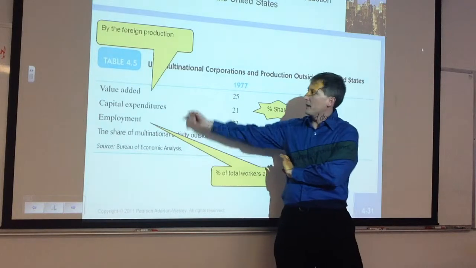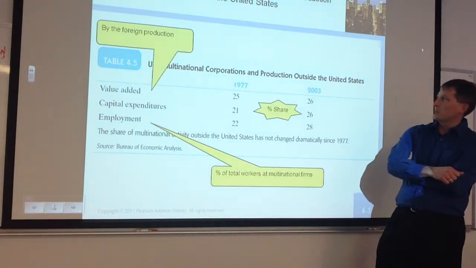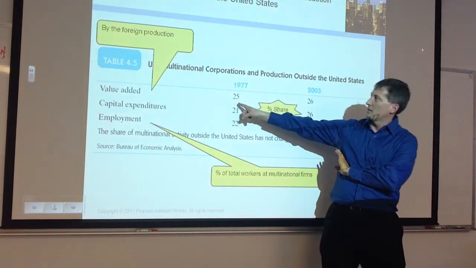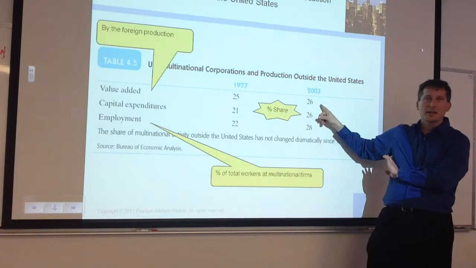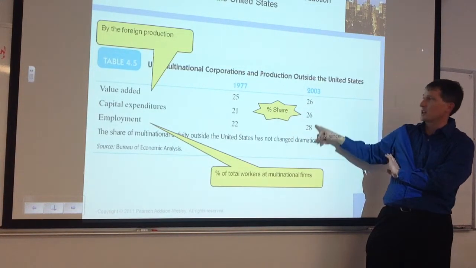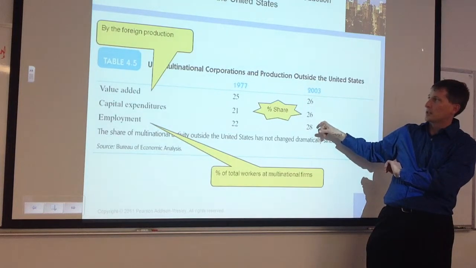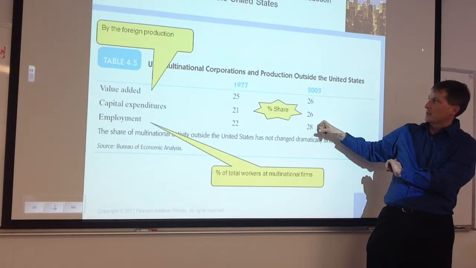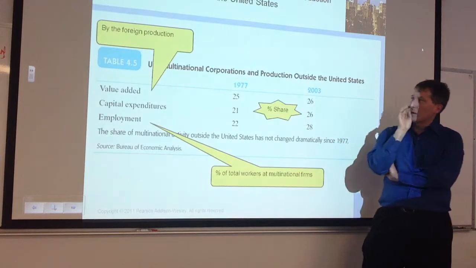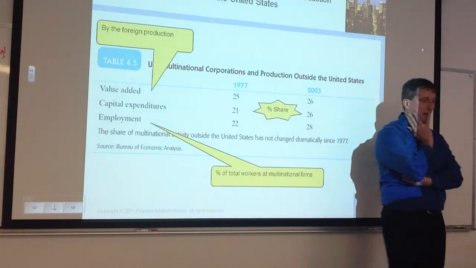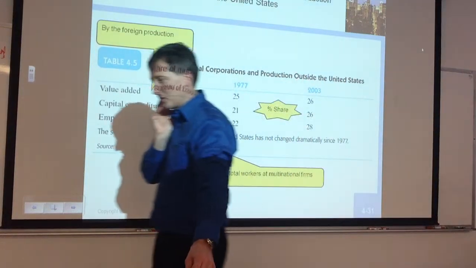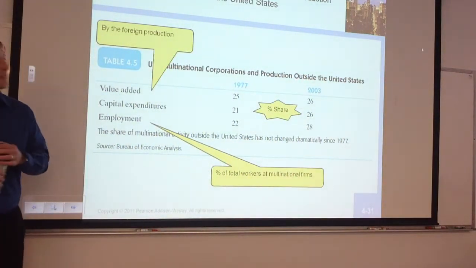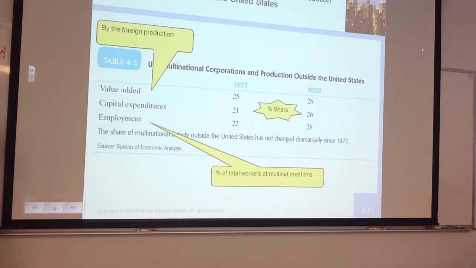The value added by the foreign production, 25, 26. That's a long span of time for that not to change very much, right? Percentage-wise. Now, is there anything alarming about that? Statistics don't lie, but liars use statistics, that type of thing? Is there anything potentially daunting with that?